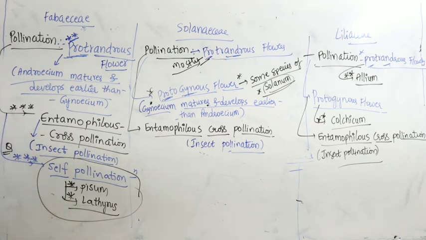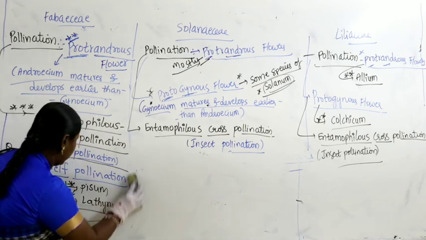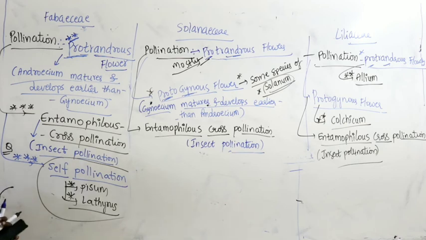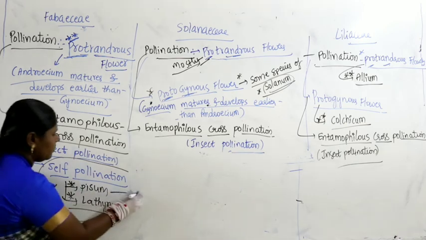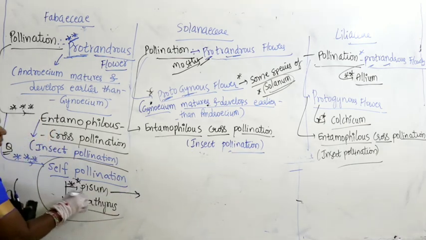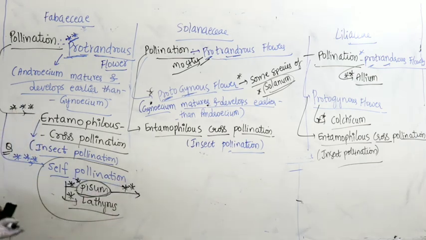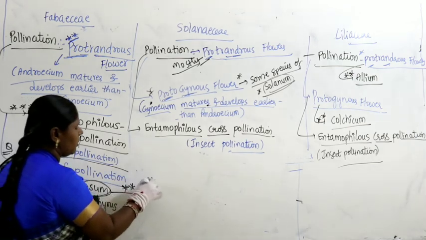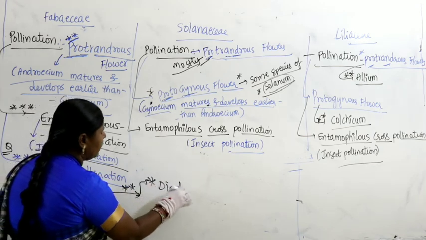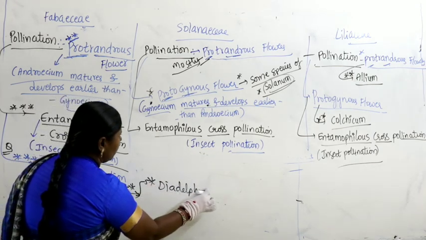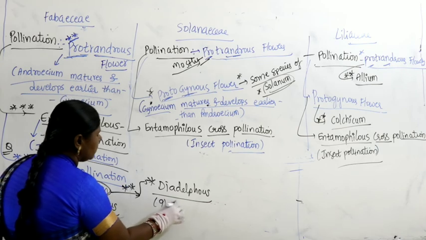So let us continue further. Now self pollination, especially if you take Pisum. Before I erase the board, what are the important things we have discussed for Pisum so far? Pisum exhibits the diadelphous condition.